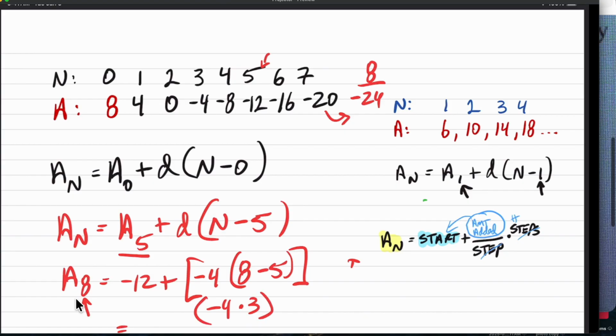So does a sub 8, sorry, that's an A, does a sub 8 equal negative 12 minus 12, which is negative 24? Indeed, it does.